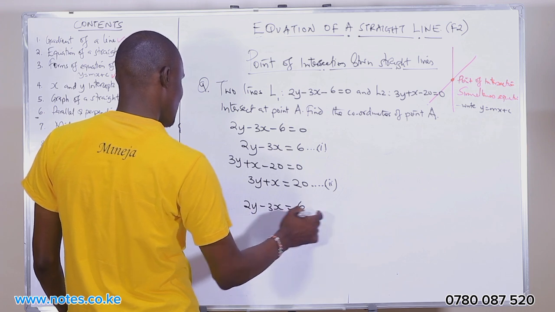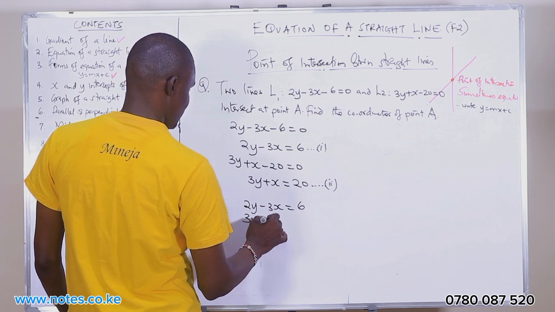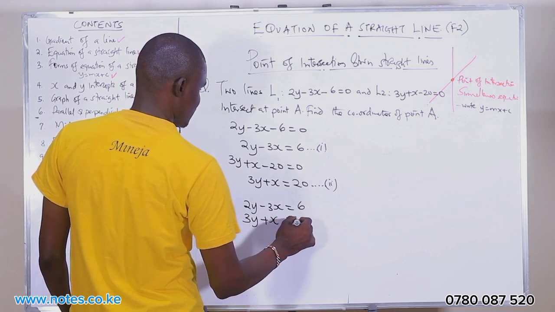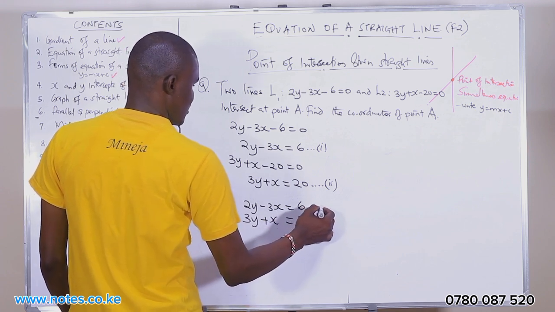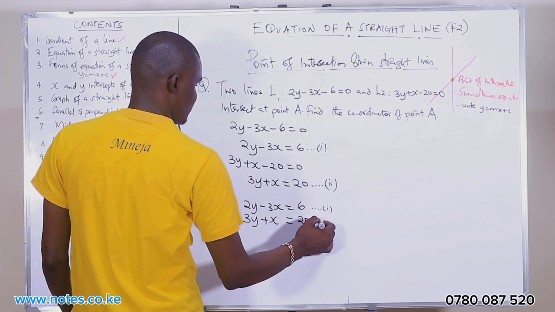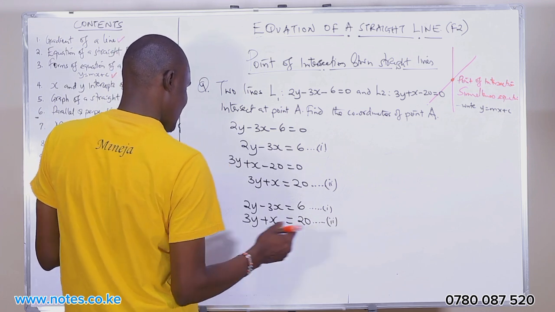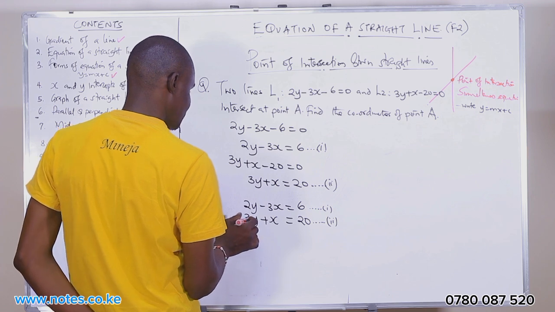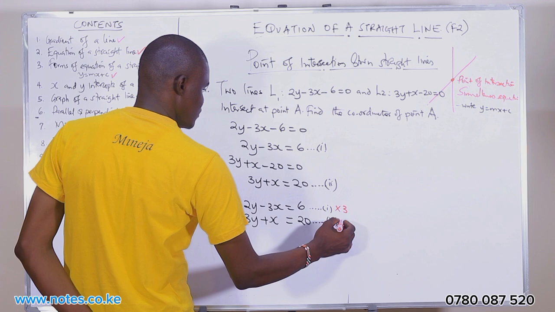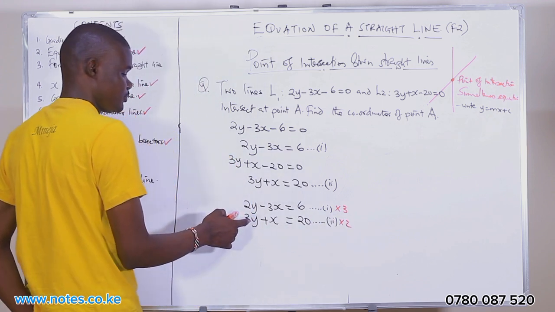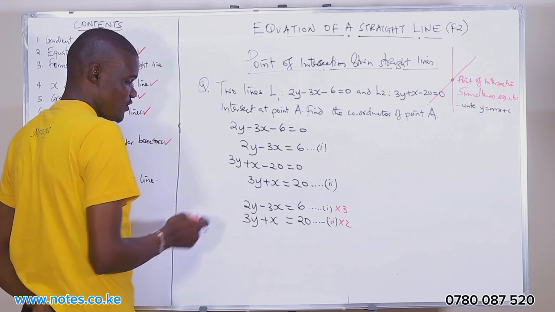So this is our equation 1, and our equation 2 is 3y plus x is equal to 20. If I decide to use elimination, when I want to eliminate y, I'll cross multiply. I'll multiply equation 1 by 3 and equation 2 by 2. I simply want to do away with the y's, so I cross multiply with the coefficients.